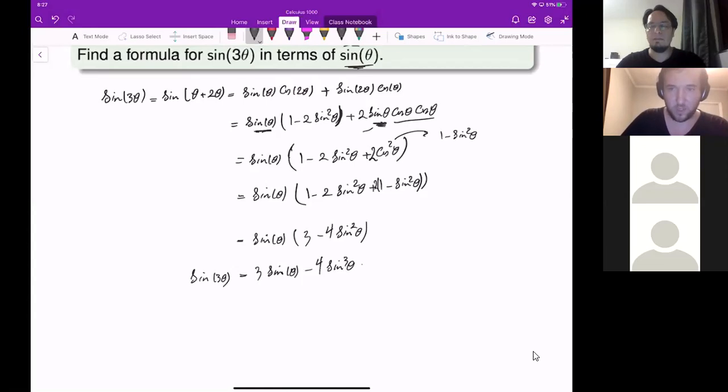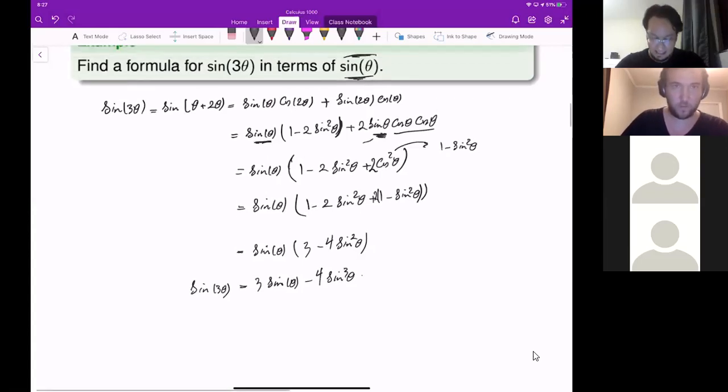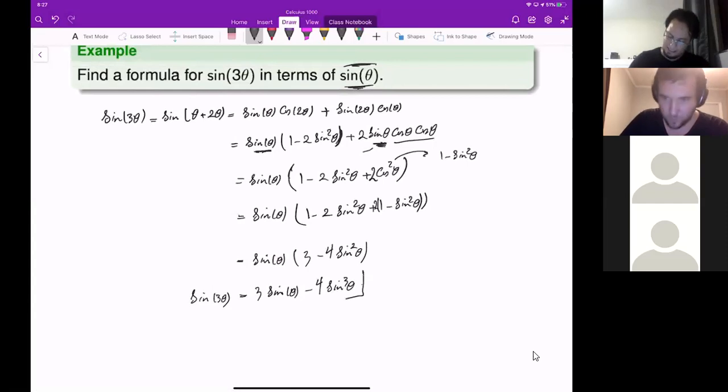And someone says they do not understand the meaning of the question. The meaning of the question is this: write sine 3 theta in terms of sine theta. That is what this really means.